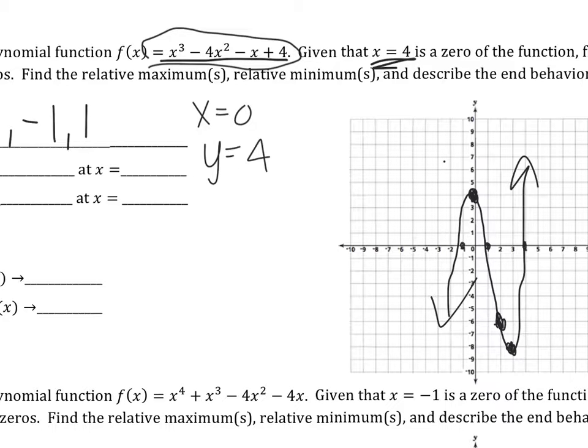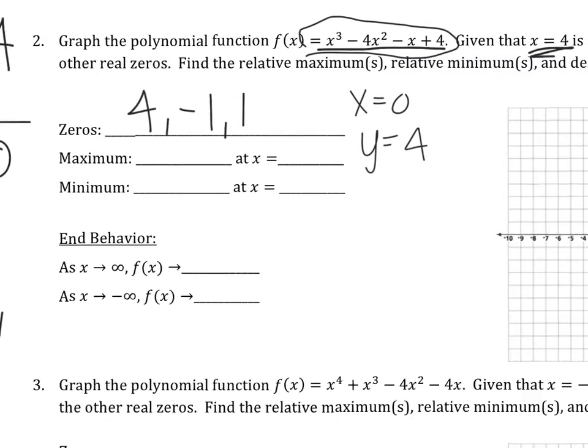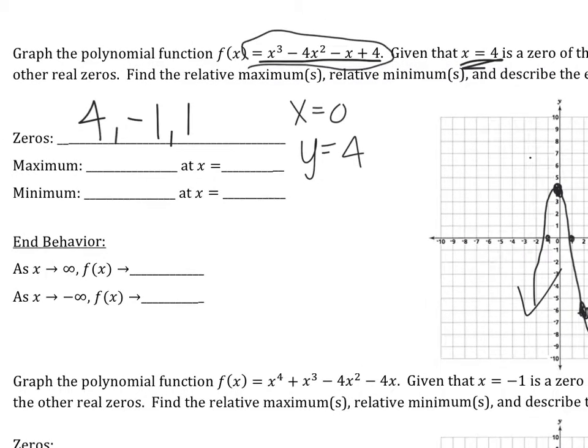So now, where do I top out? Well, come and ask me, and I will show you on a calculator how to do maximum and minimum, how to actually calculate where that is. It's not too terrible. It takes about 10 seconds once you get the hang of it.